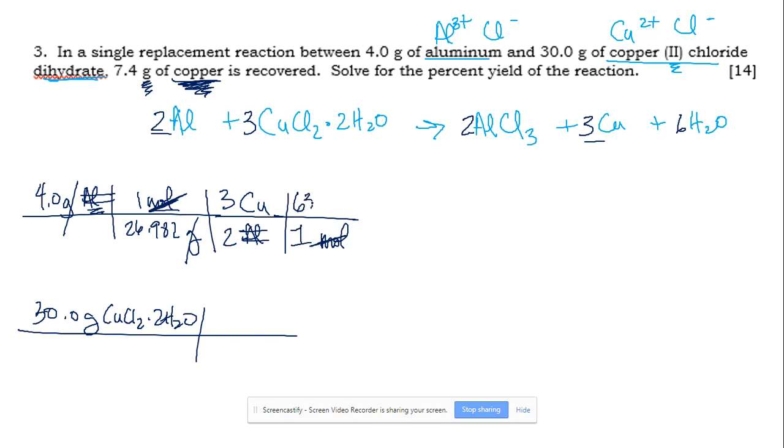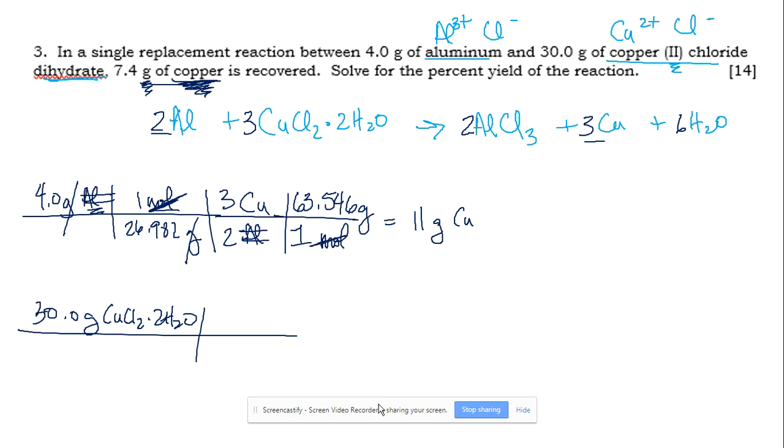Well, that would be 63.546 grams per mole. So I have grams of copper left, which is great. And all I have to do is some math. 4 divided by 26.982 times 3 divided by 2 times 63.546. And that's going to give us, with sig figs, 11 grams of copper.